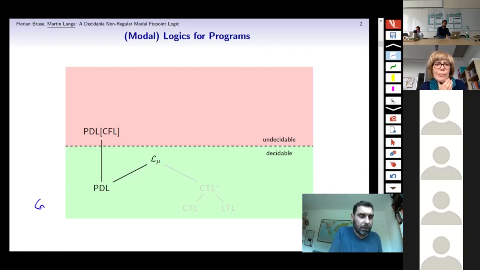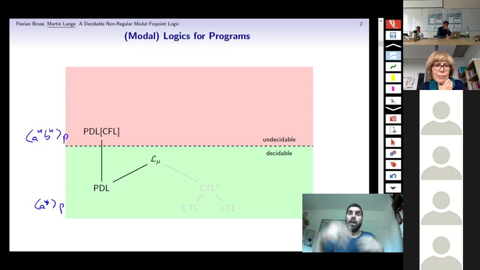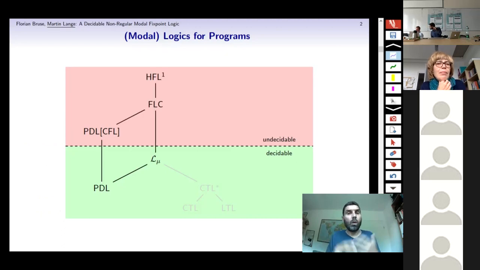Clearly, if you can say things like diamond A star P, why shouldn't you be able to say things like diamond A to the N B to the N P? Meaning there is a path along which you see a word of the form A to the N B to the N, for some N, ending in a state satisfying P. And there are also modal fixed point logics where we use fixed points to express such properties, especially this logic FLC, which I will get to in detail in a moment.